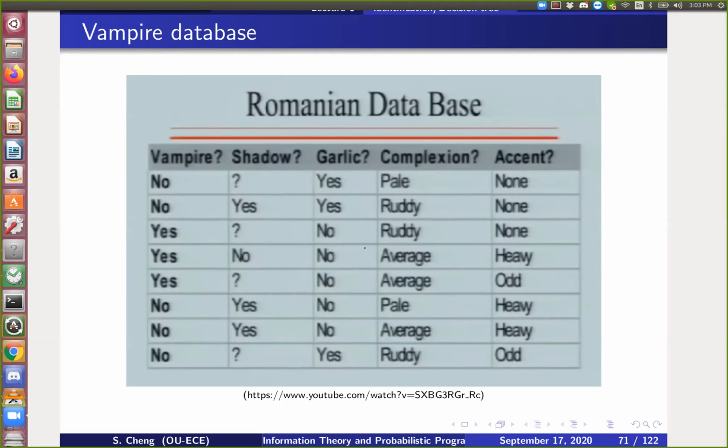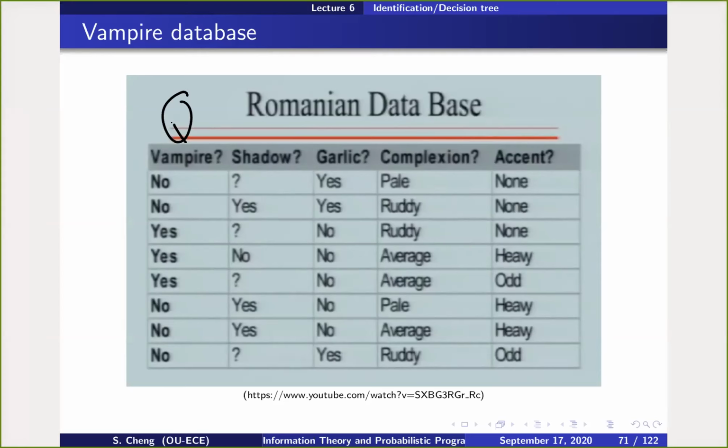So maybe let's start with my first question here. Let's say I have a number of features here, like shadow, garlic, complexion, accent, and so on.